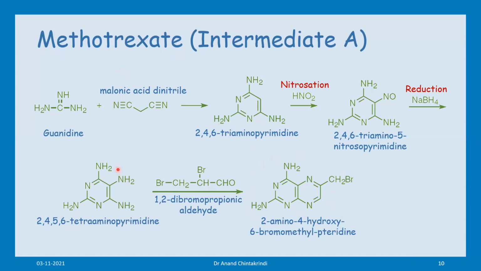When you react this tetraamine pyrimidine derivative with dibromopropionaldehyde, you get the formation of this pteridine ring. The pteridine ring is a fused pyrimidine pyrazine ring. Now let us call this intermediate A. So this is your first intermediate, intermediate A, that is a pteridine ring.